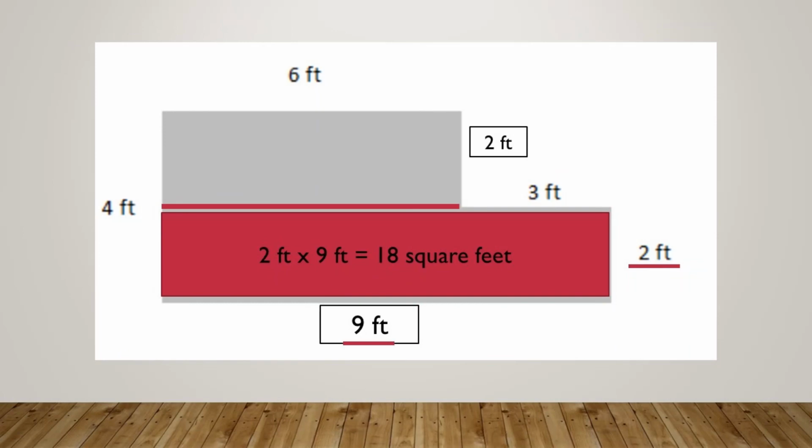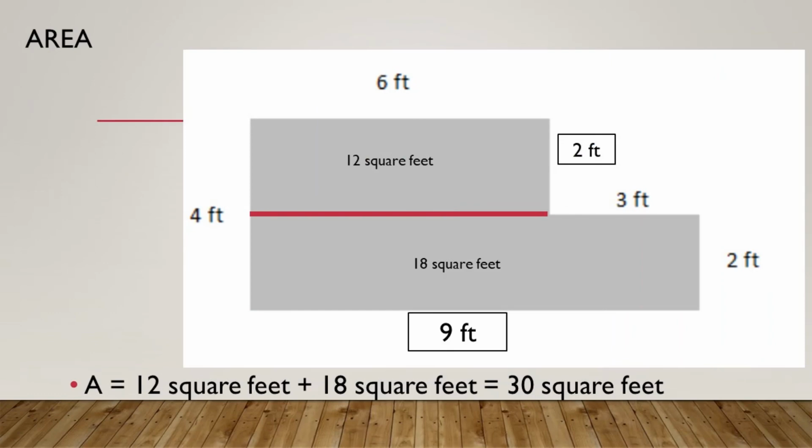The bottom rectangle measures 2 feet by 9 feet, so the area is 18 square feet. Putting those parts together, we see that the total area of the patio is 30 square feet. That is how much wood Adriana will need to cover the patio.